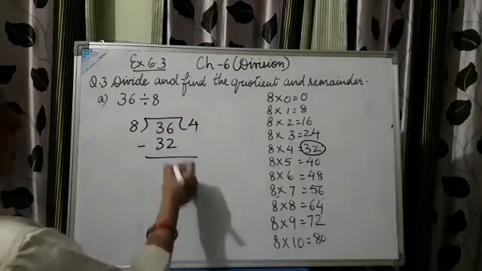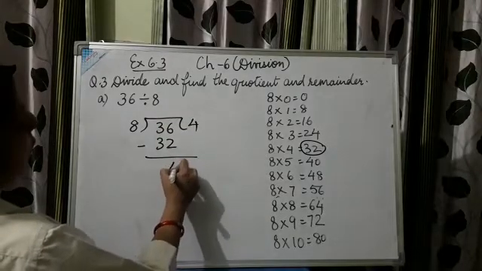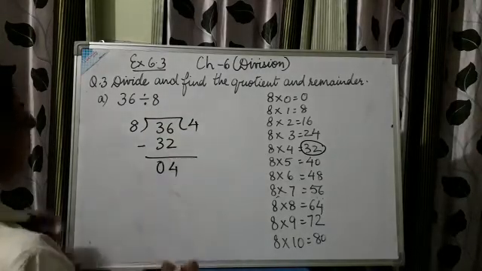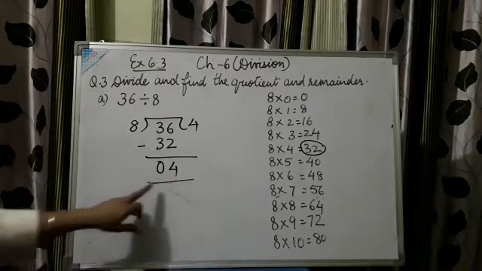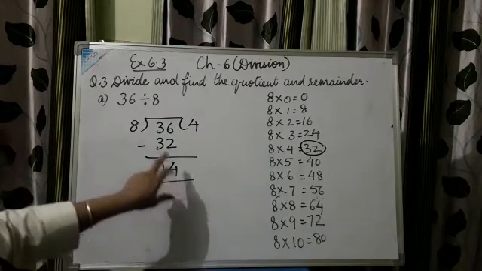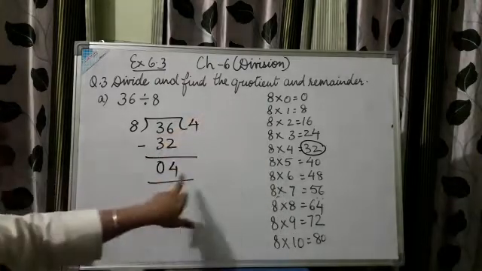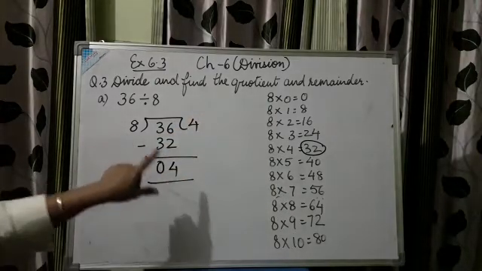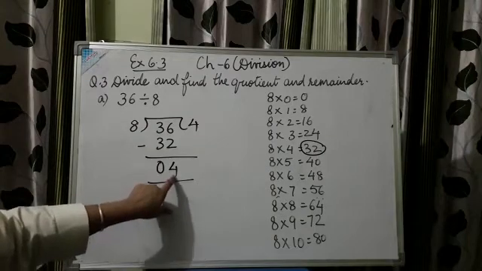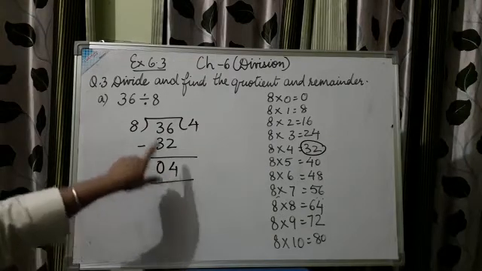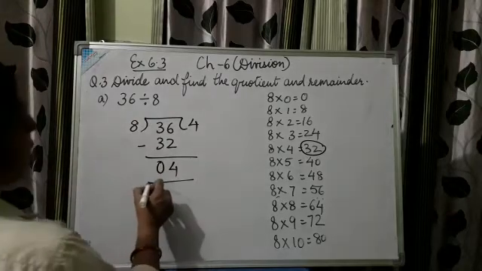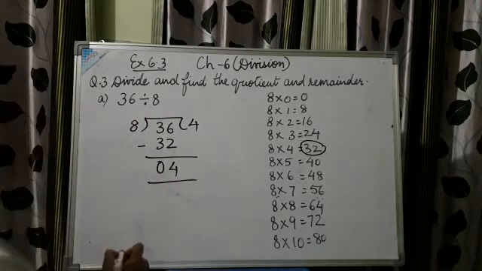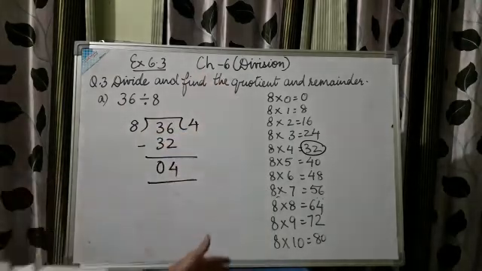Now I will deduct: 6 minus 2 is 4, 3 minus 3 is 0. Now your number here is 4. Now you will not get 4 in the 8 table. Whenever you get a number which becomes lesser than the divisor, your division stops there, because it is not possible to find a lesser number from the divisor's table.